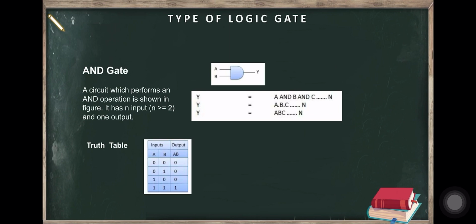Okay, the first type of logic gate. The first one is the AND gate. A circuit which performs an AND operation is shown in the figure. It has two or more inputs and one output. For the AND gate, we can also assume that there are two inputs and one output.